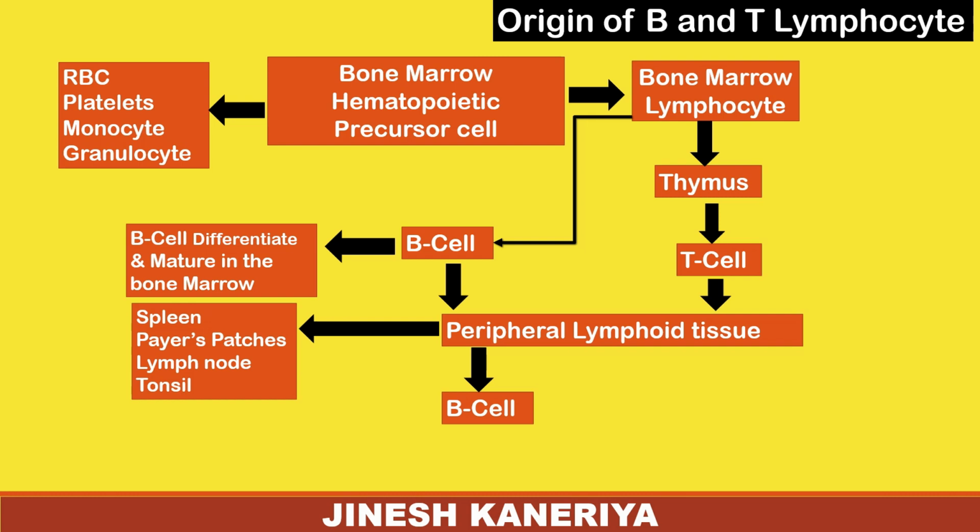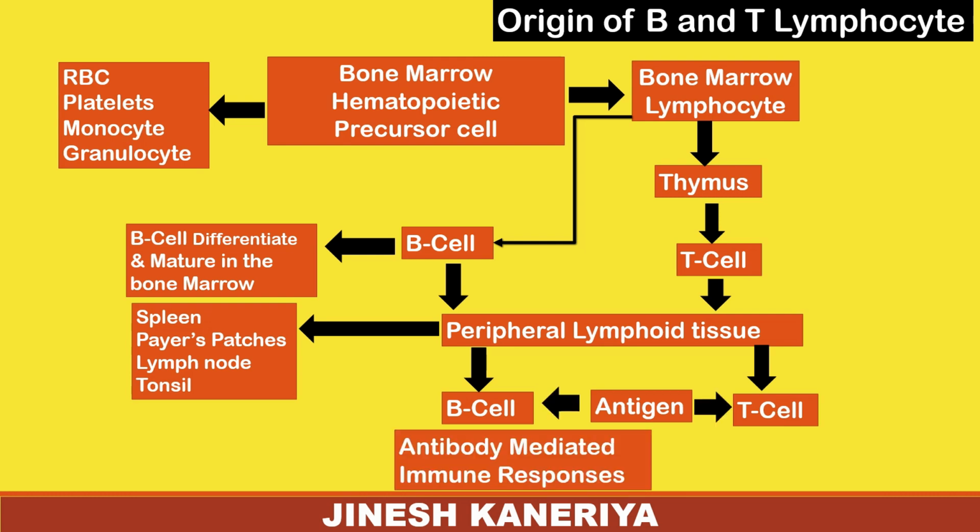The mature B cells and T cells are then exposed to a particular antigenic molecule. Then T cells or B cells develop antibody-mediated immune responses or T cell-mediated immune responses.